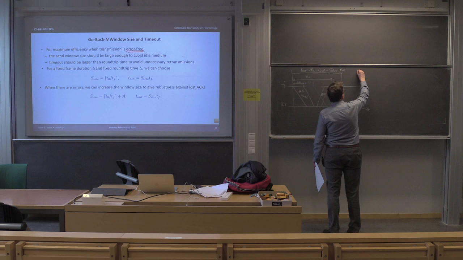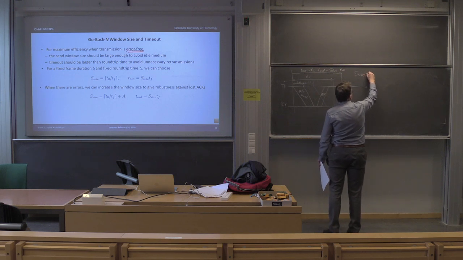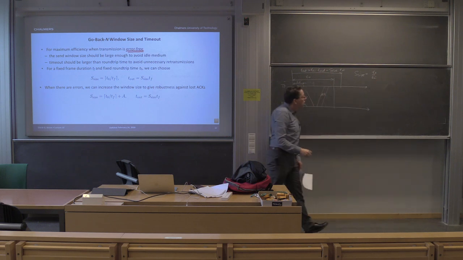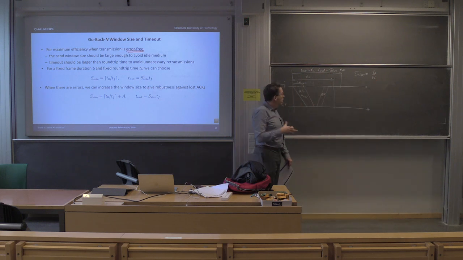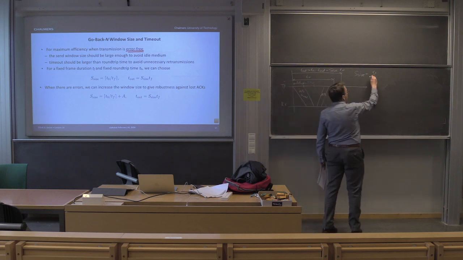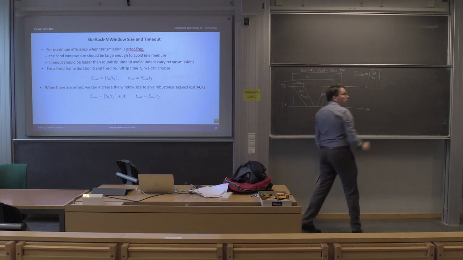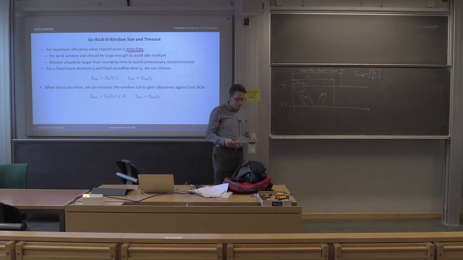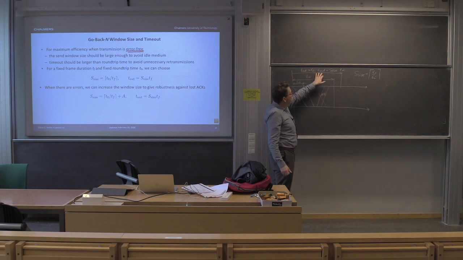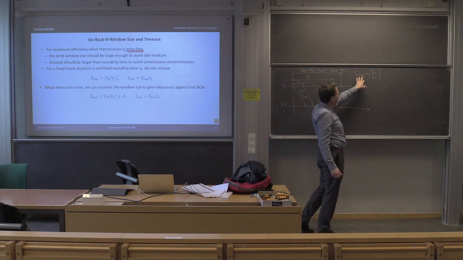And we would like to make S-size T0 divided by TF. So the send window size should be large enough so we can fill the channel without being idle. And if this is not an integer, we round it up. So we would like the timeout to be greater than T0, and we can set it equal to this if we set S-size equal to this.